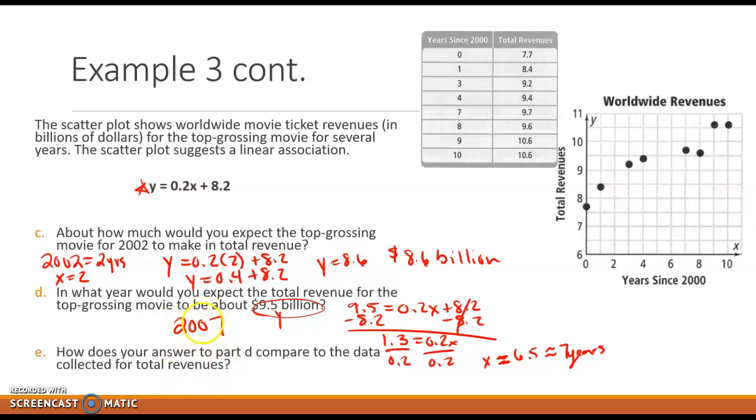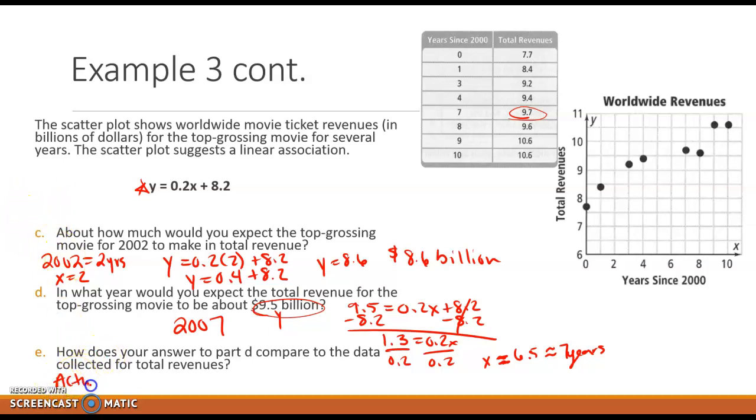So how does our answer in part D compare to the data collected for revenues? So in 2007, we say that's when we're close to the 9.5 billion. So here in year 7 is 9.7. So how does our answer compare?